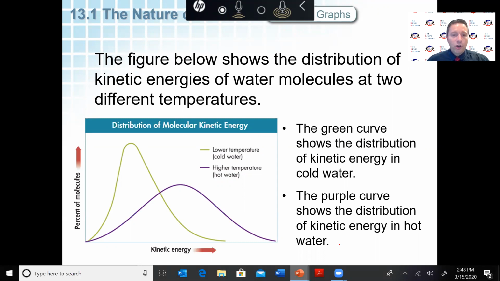So if you talk about lower temperatures, say we're talking about some cold water here, the average kinetic energy of the particles is going to be somewhere about there. If you have a much higher temperature, in hot water, it's going to be around about right there in the center of that line. And now you have a bigger distribution. Why? Because you have a higher temperature, a higher degree. So therefore you have more on either side of the curve.